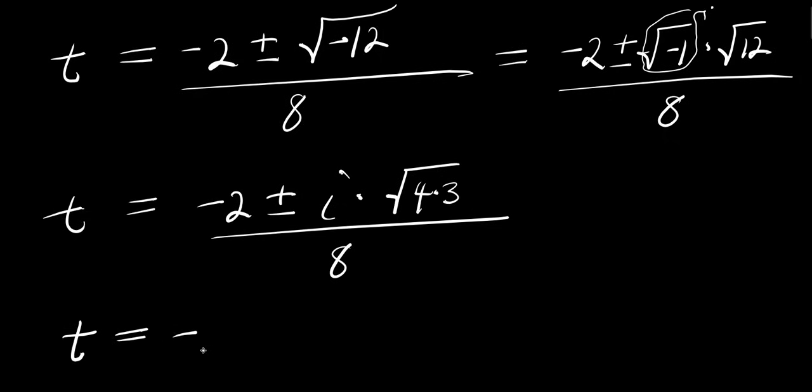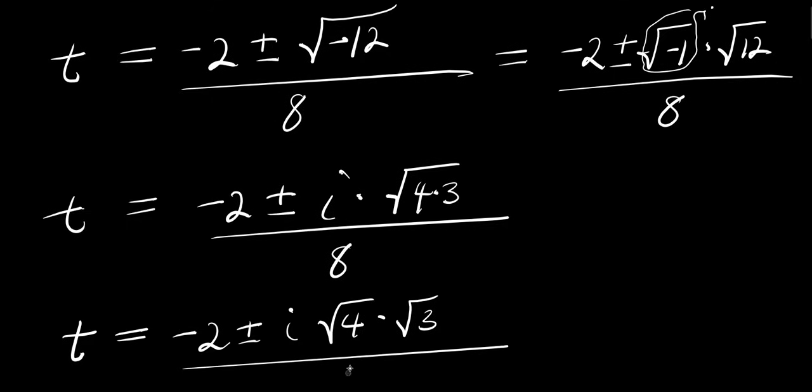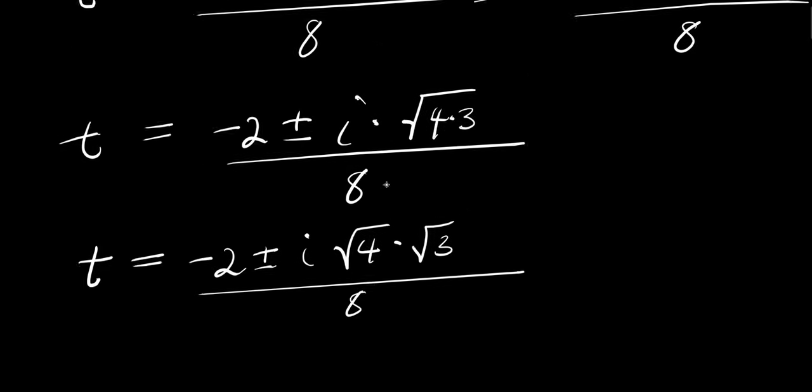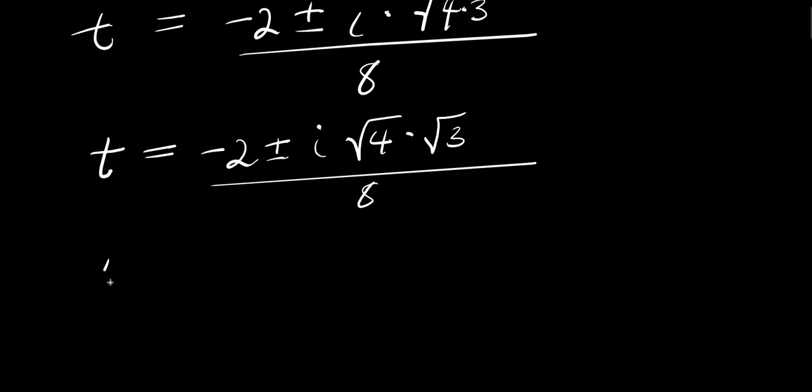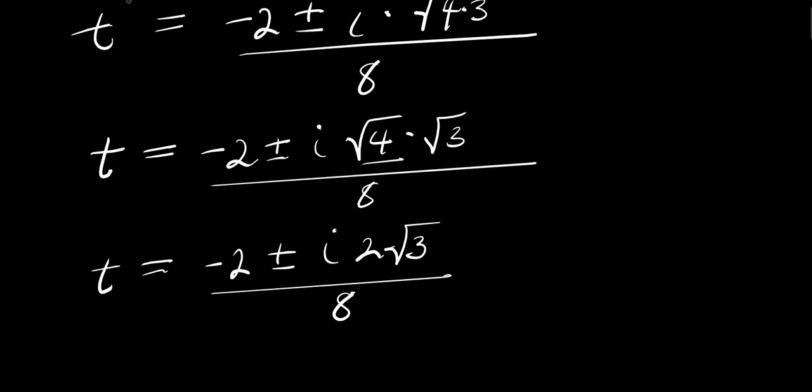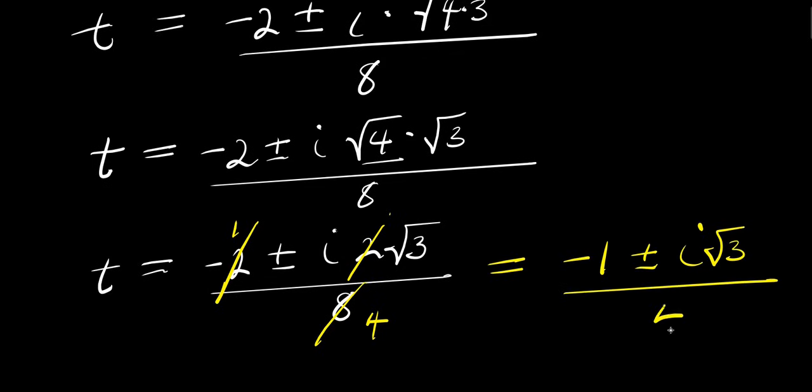From here, you have t equals negative 2 plus or minus i times square root of 4 times square root of 3 divided by 8. To cancel, we have 4. So this is negative 1 plus or minus i times root 3 divided by 4.